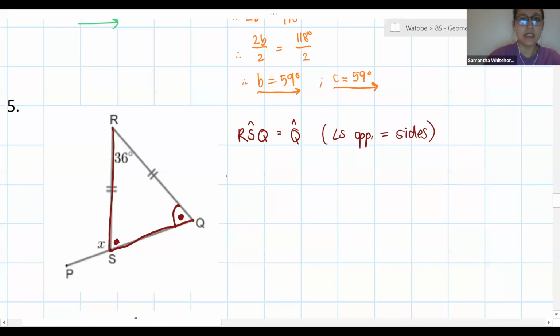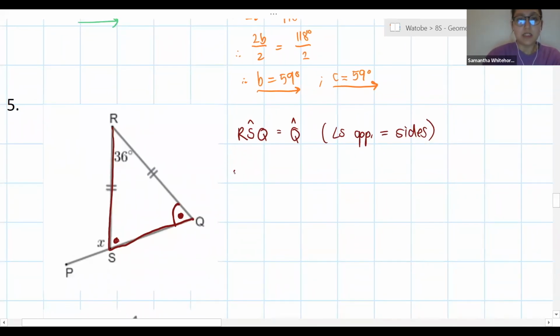And then as Kylie told us, we would then have to use sum of angles in a triangle. So I know that both of them are the same, which means I would take 180 minus the 36. And that answer I would divide by 2.